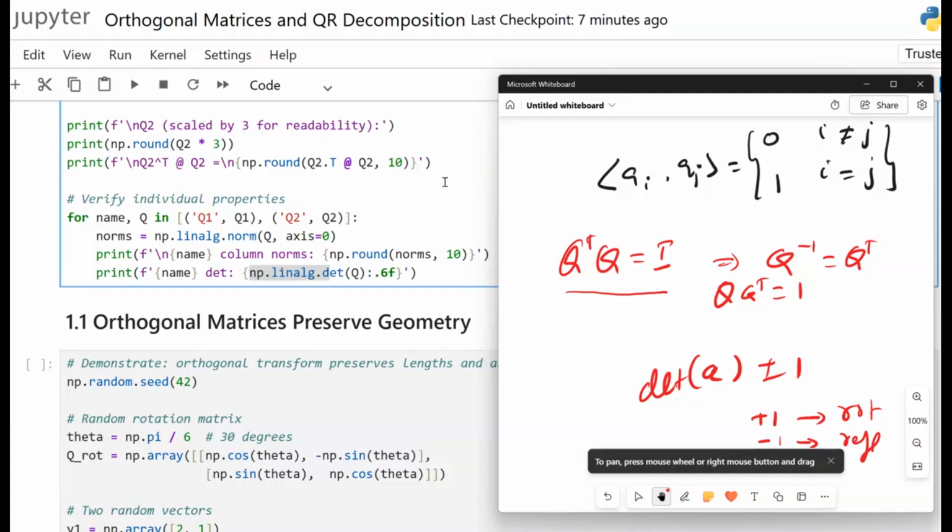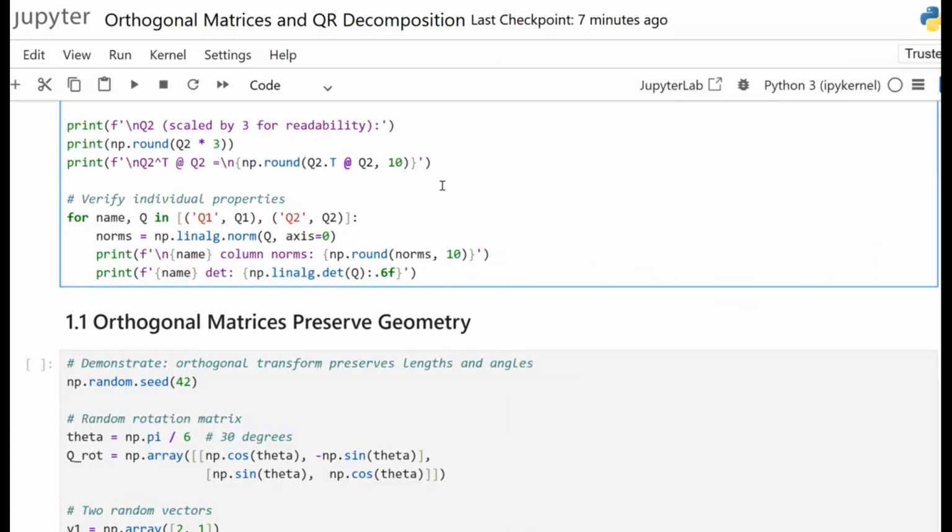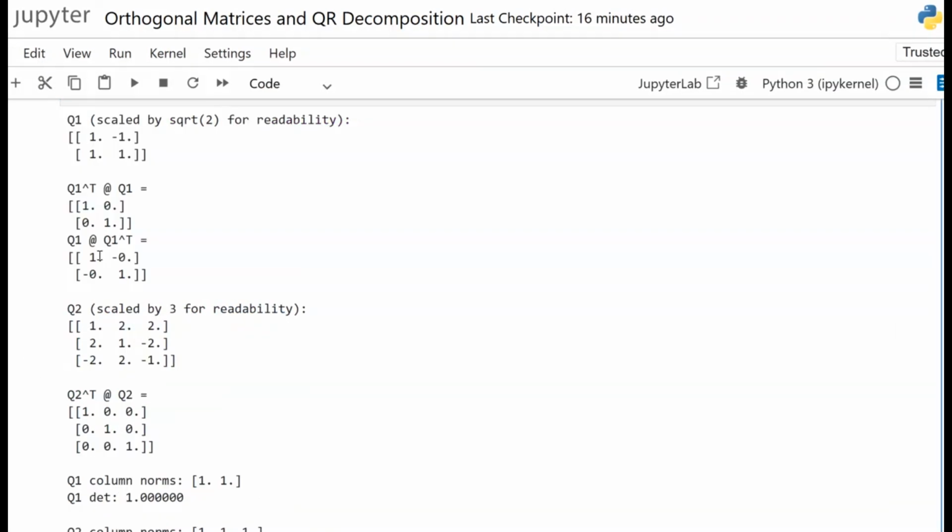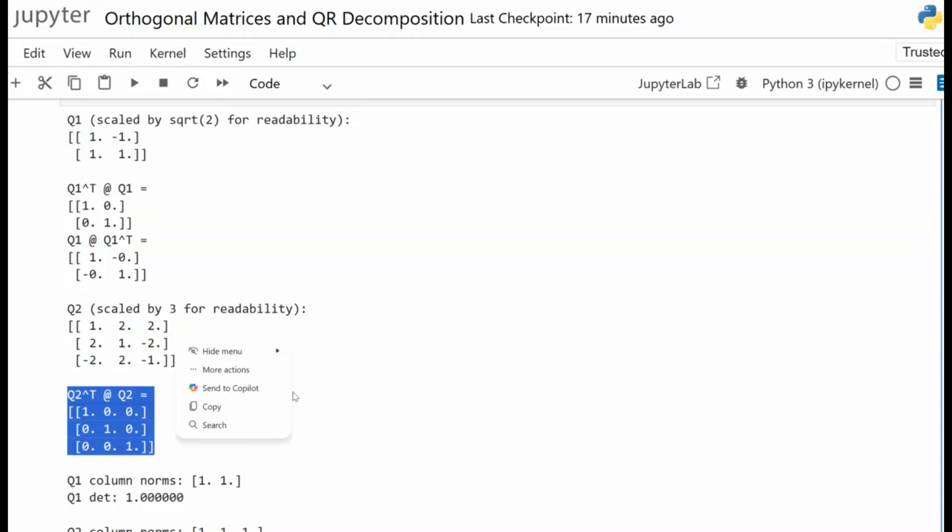Okay, let me just execute this and kindly observe the result. So kindly observe, dear friends, this is the matrix Q1, and here we have Q2, and both matrices satisfy Q transpose Q is an identity matrix.